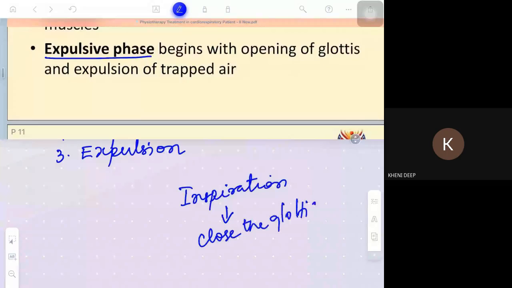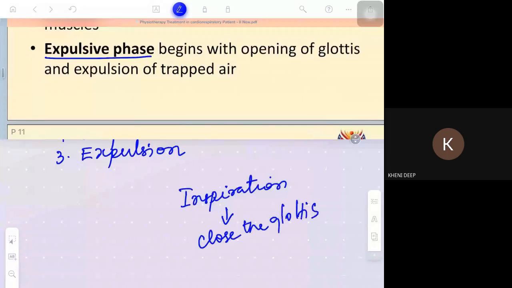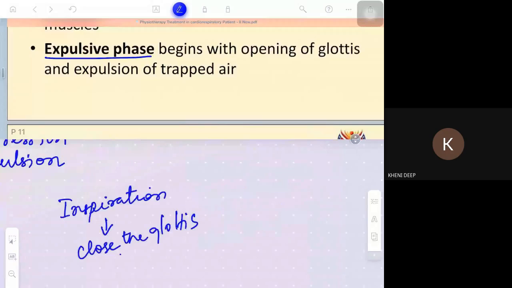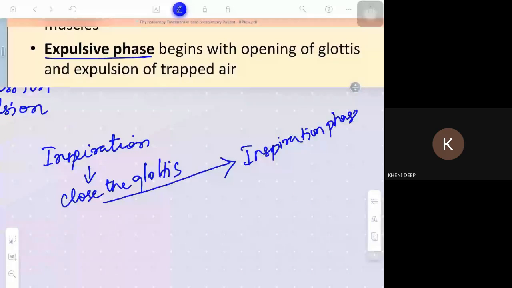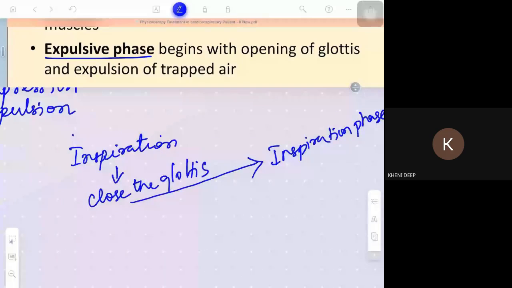He will close the glottis. This is the termination of the inspiration phase. Clear? So from here to here it is called the inspiration phase.